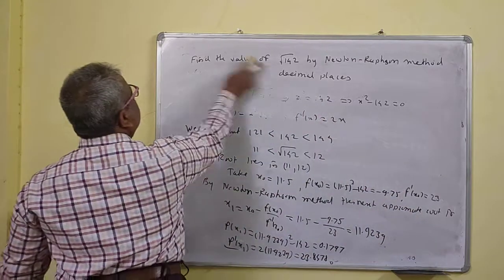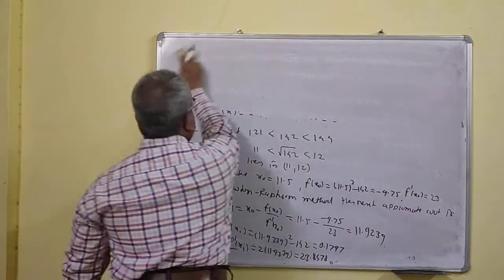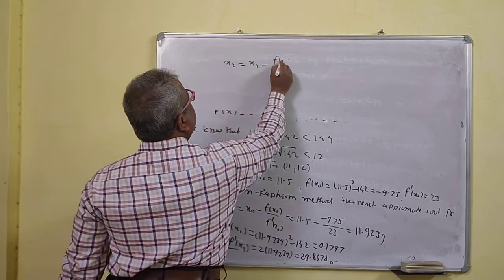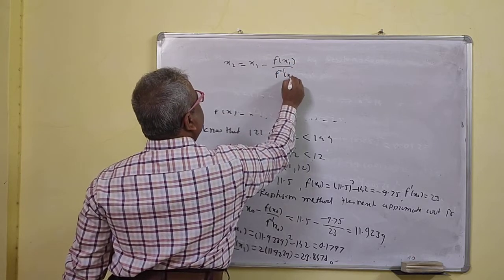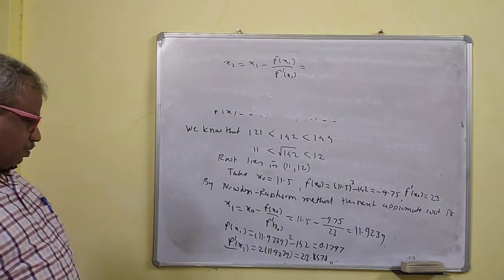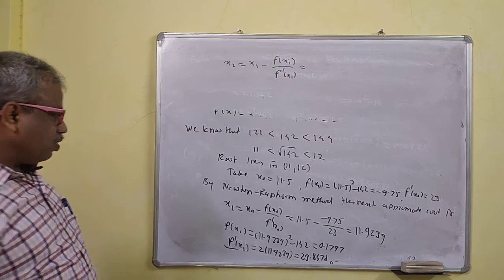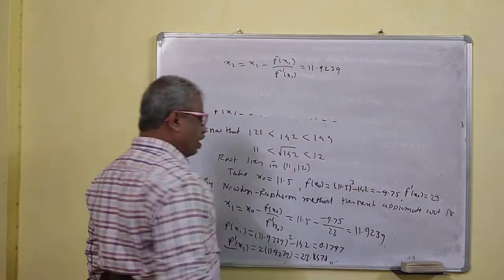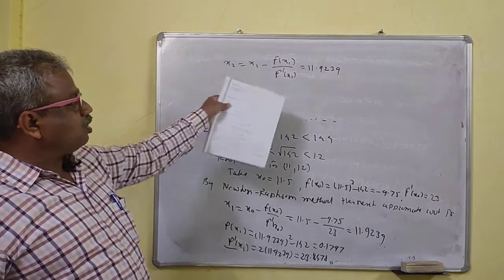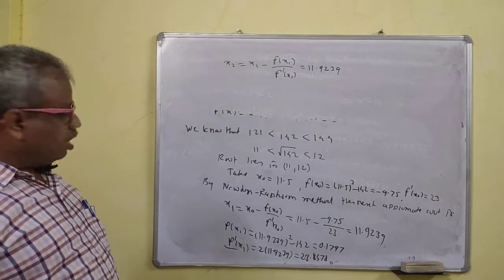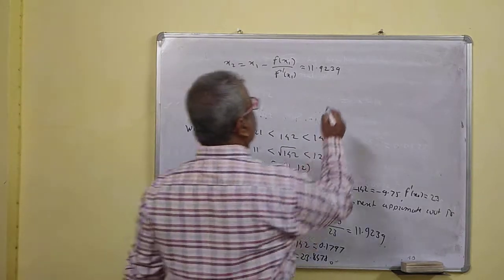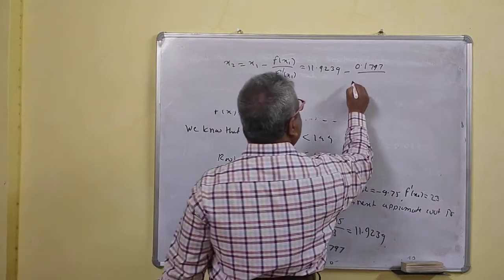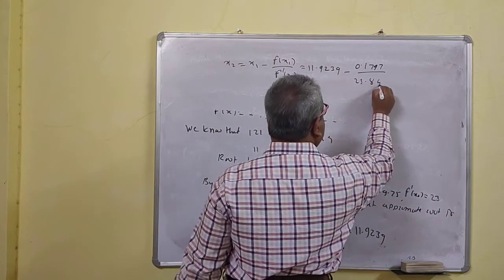Okay, now we'll find the next approximate root, x2. So x2 is x1 minus f of x1 upon f prime x1. Very simple formula for the Newton-Raphson method we are applying here. Just put the values: x1, f of x1, and f prime x1. So minus 0.1797 upon 23.8478.